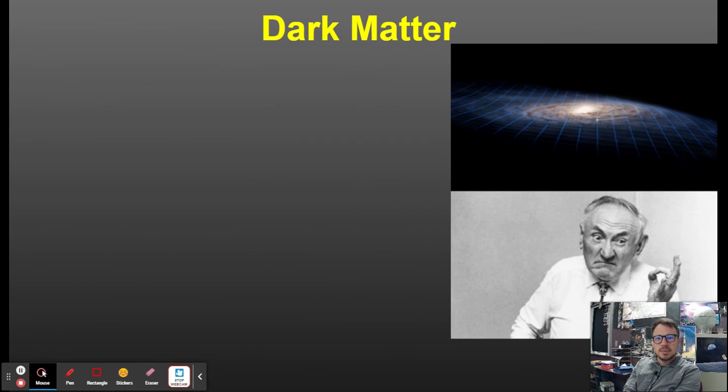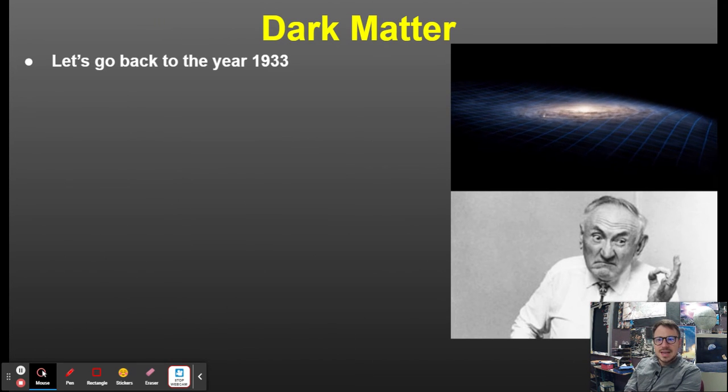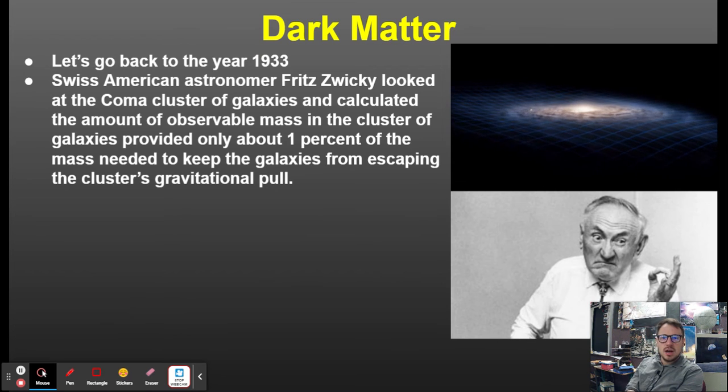Now, there is a problem, though, and that was dark matter. So in 1933, this astronomer named Fritz Zwicky was looking at these galaxies, and he said, well, based on their spin, galaxies shouldn't exist. There's not enough mass there to hold them together. Stars should be flying off.